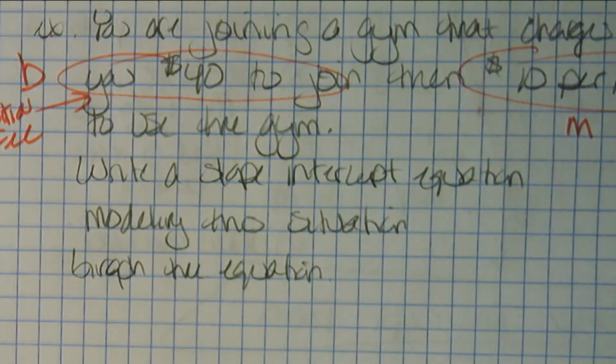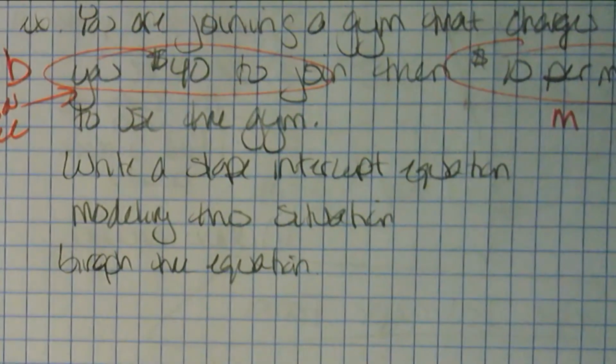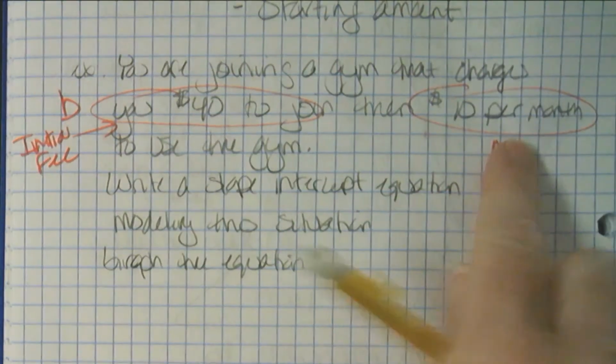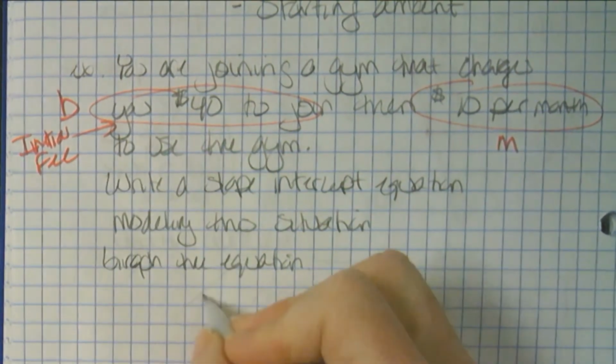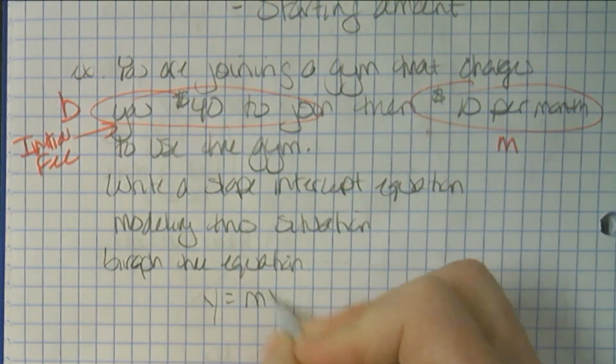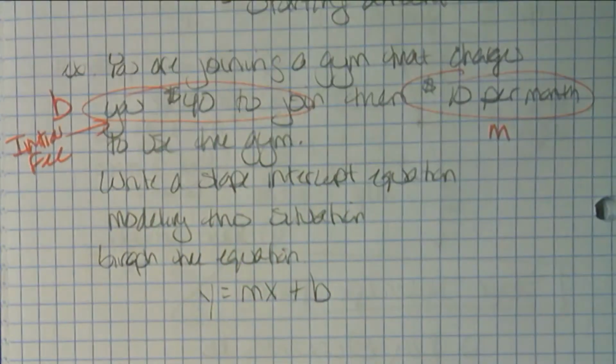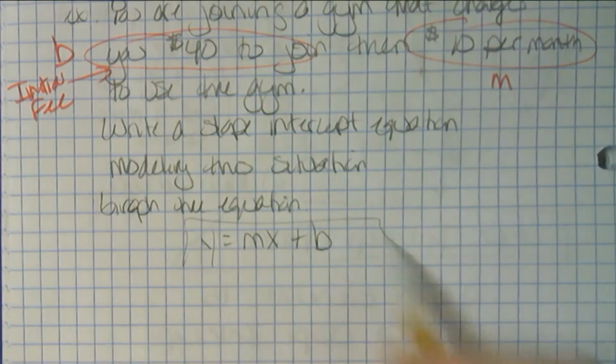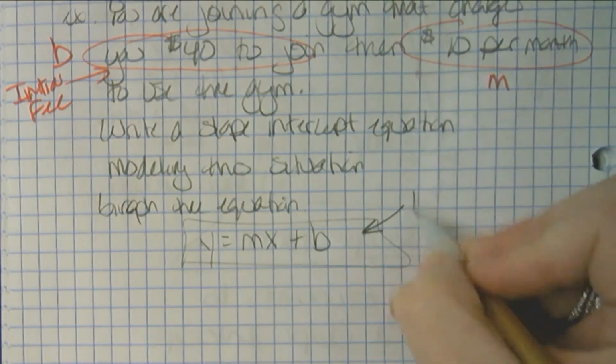All right, so now I know I have my slope. I know I have a y-intercept. Because of that, I'm going to use y = mx + b. I don't need a game plan because this format takes the place of a game plan.